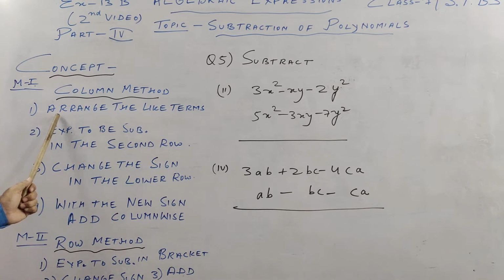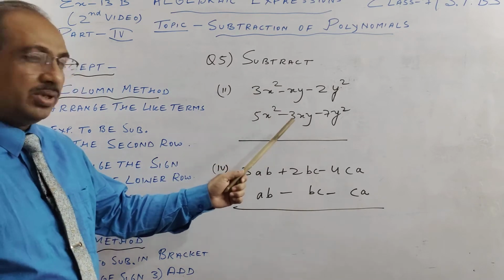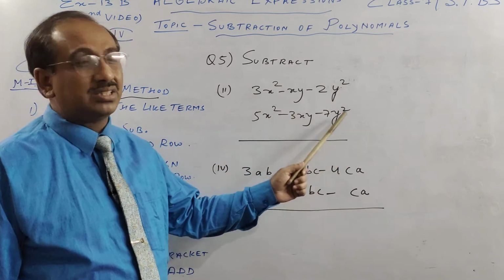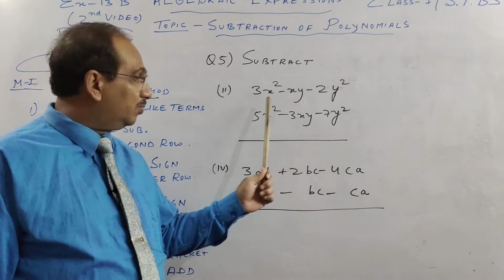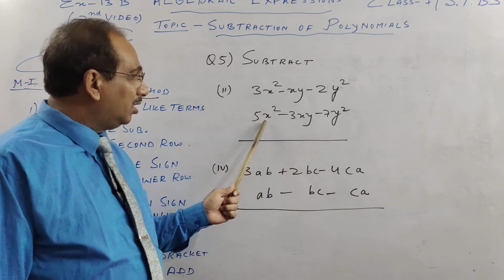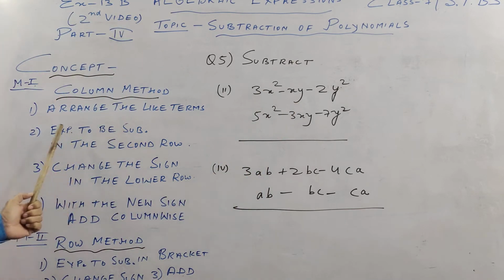In the column method, we arrange the like terms. See here, so many questions I have already arranged them. I don't want to write the question and arrange them. So you will see x square below x square, xy below xy. This is what we call arranging the like terms.